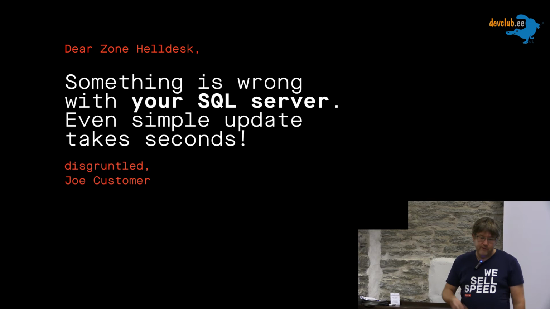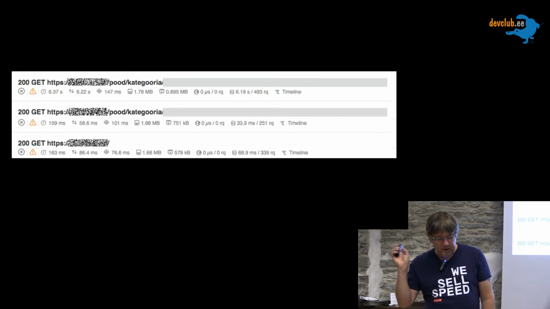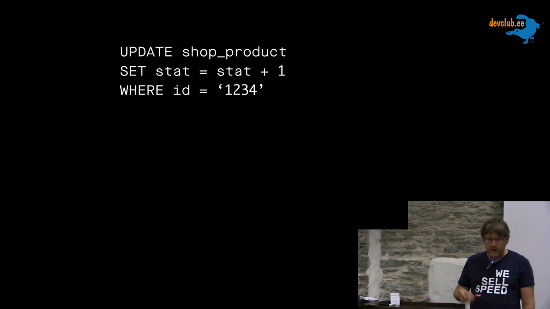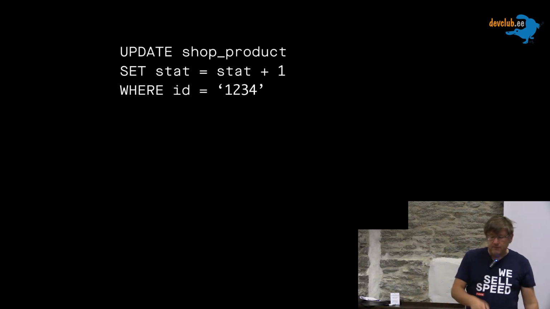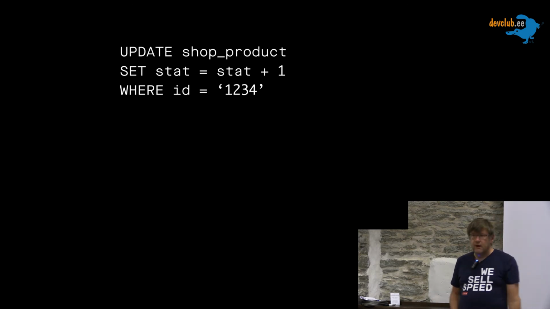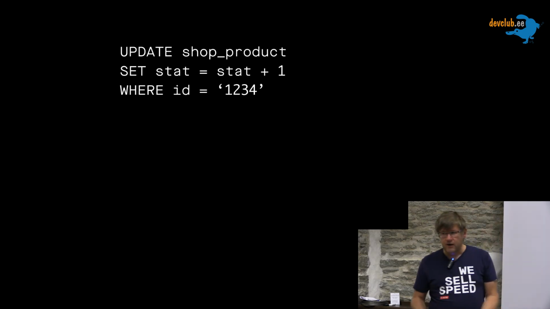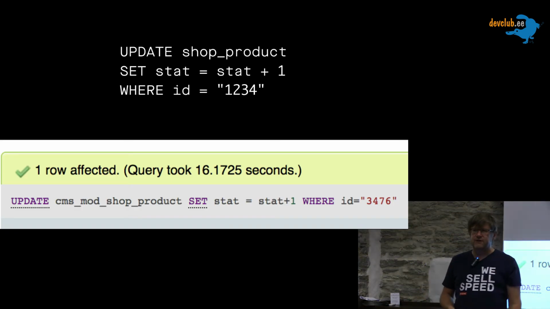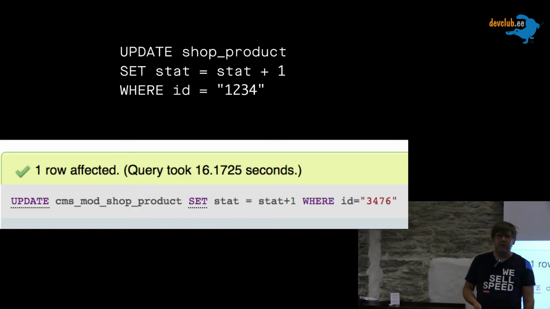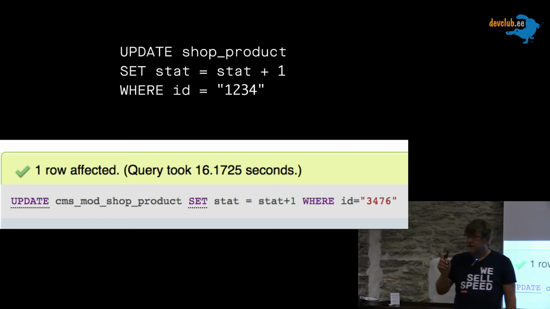This one is from like two weeks ago. Someone told me that there is a problem with SQL Server. I'm doing this very simple call. And it takes, I think in their case less, but in my case when I tried it, it took 16 seconds on the SQL, and they said that on test pages it works correctly.